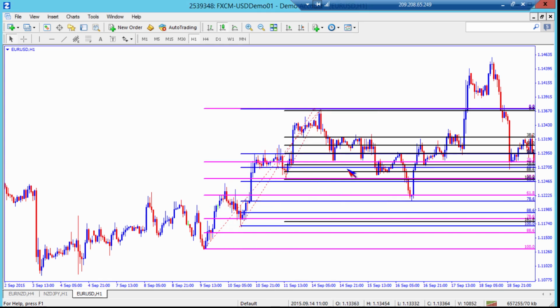Okay, so let's do this. What you want to do with Fibonacci is you want to eliminate the stuff you don't really need. Like for instance, you took the low to high and you did a retracement. You did the higher low to high. You did the higher low to high.